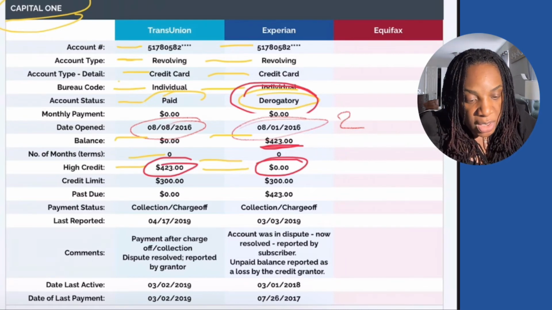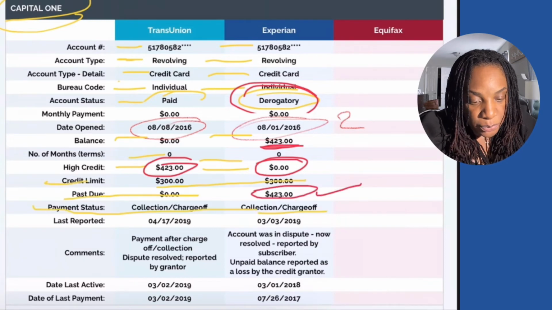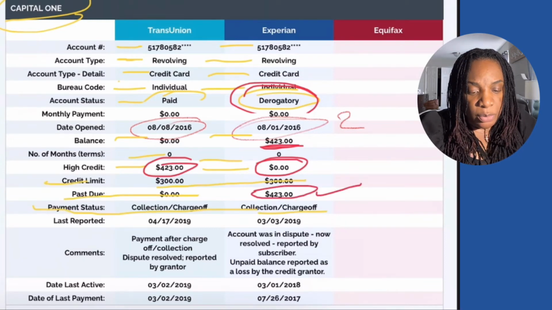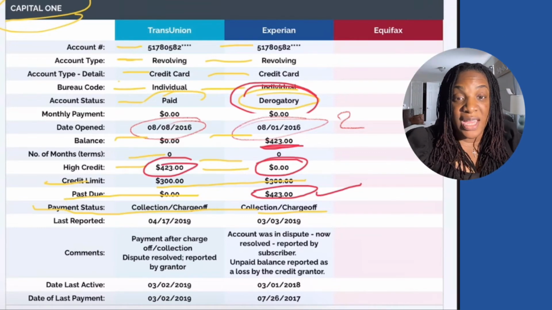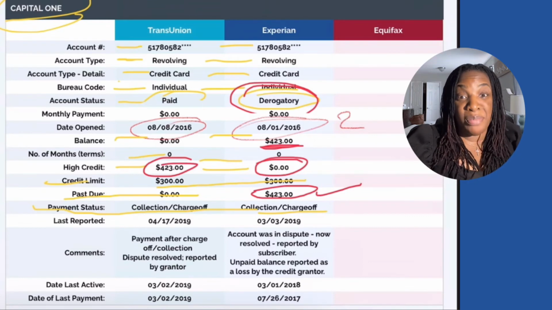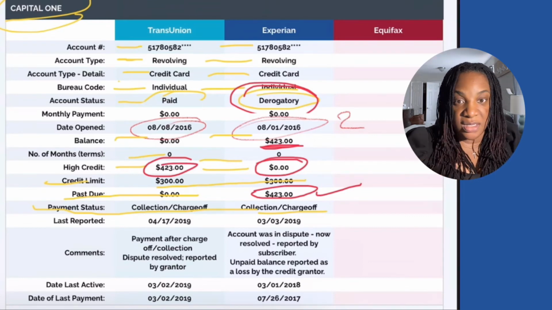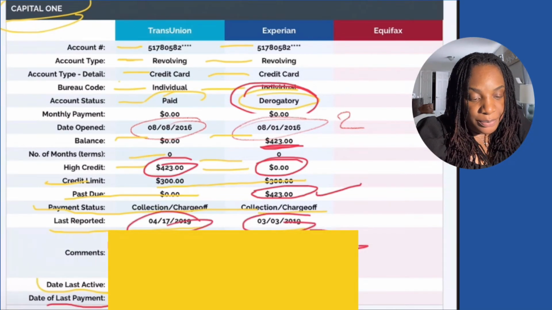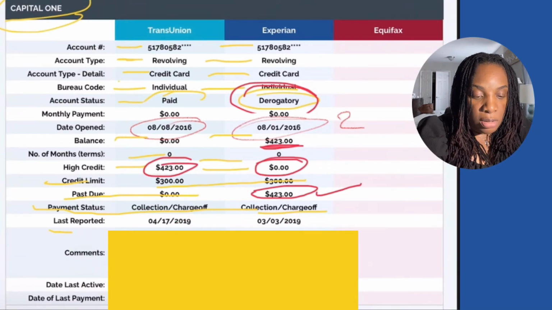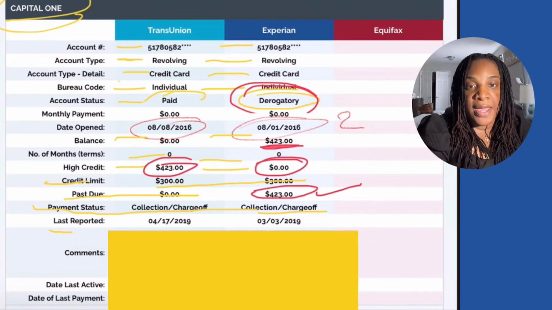Okay, so moving along. I hate it when under payment status, the creditors or the credit bureaus put collection in charge off. They do that to kind of psych us out, I believe, but that's another video. Okay, so date last reported. Wrong. Let's dispute that.